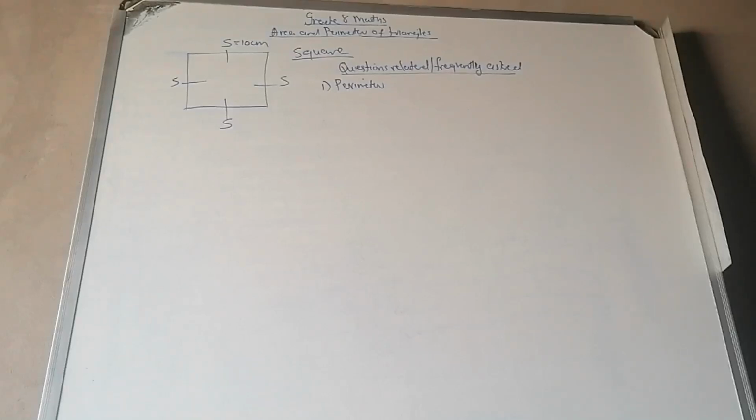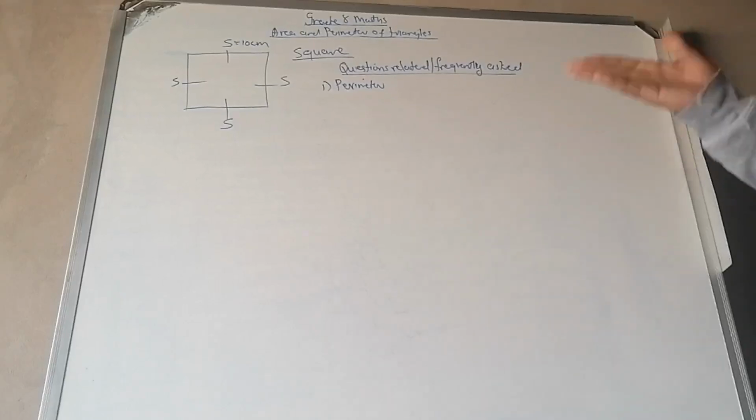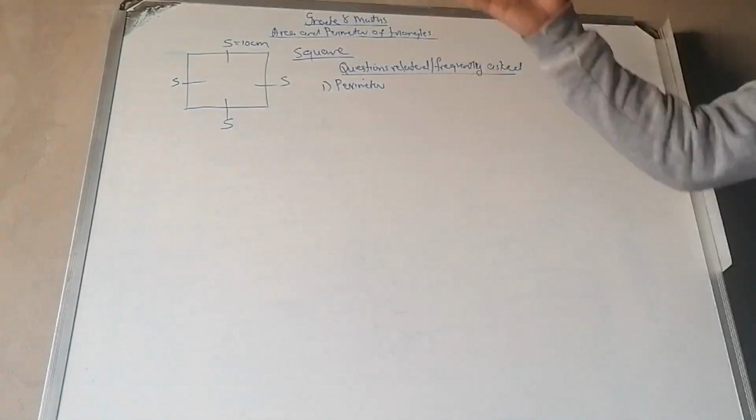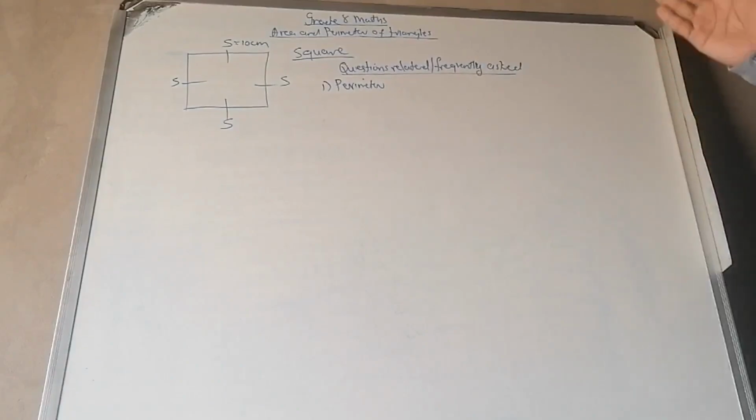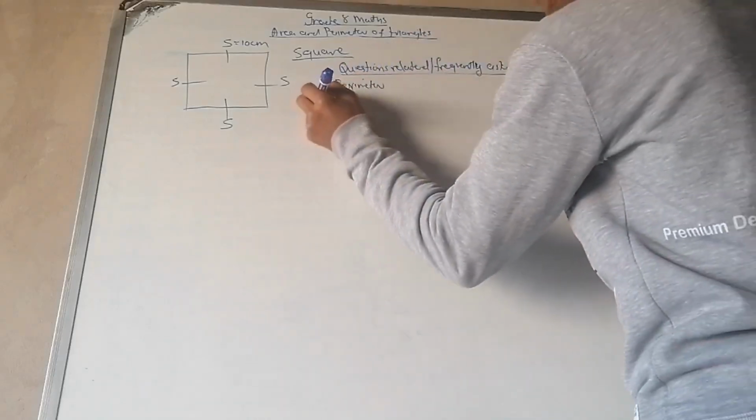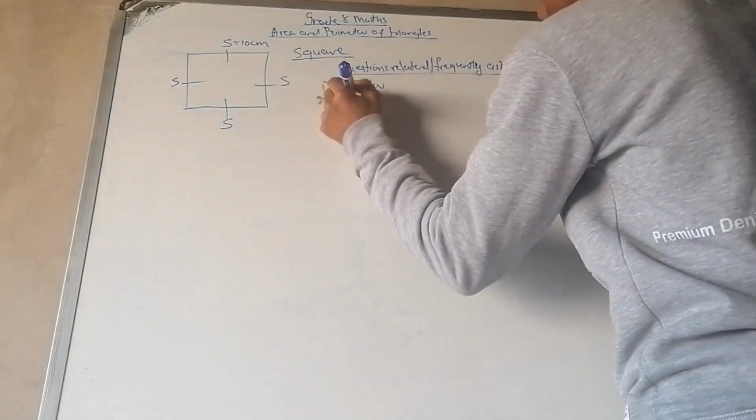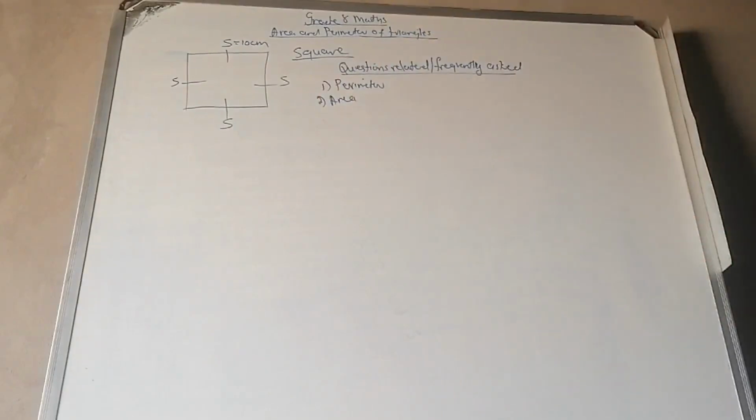We can calculate the perimeter. For example, we're going to look at simple problems that revolve around that. They can ask you to calculate the perimeter, which is the sum of all the sides of that four-sided figure. And then secondly, they can ask you to calculate the area, which is the amount of space that an object will occupy.